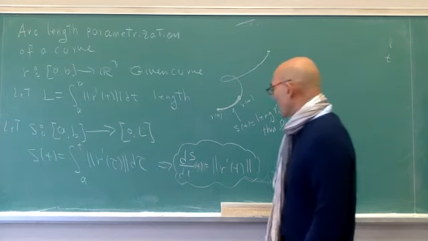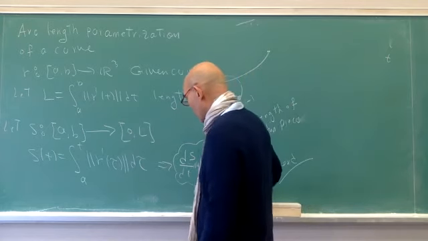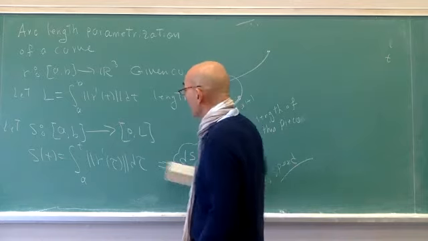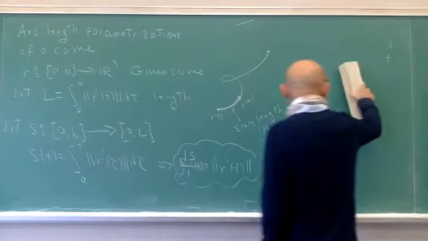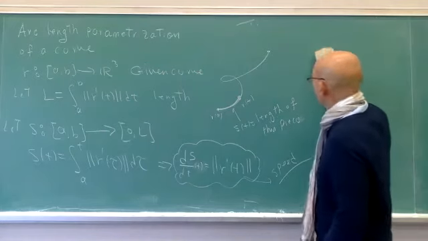Okay. So now what we are going to do, we can just write this function as a function of s, not as a function of t. So then what we do, change the parameter.